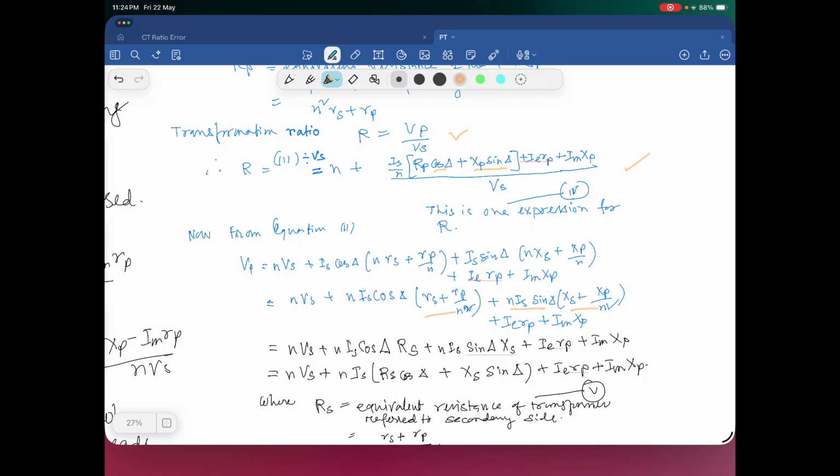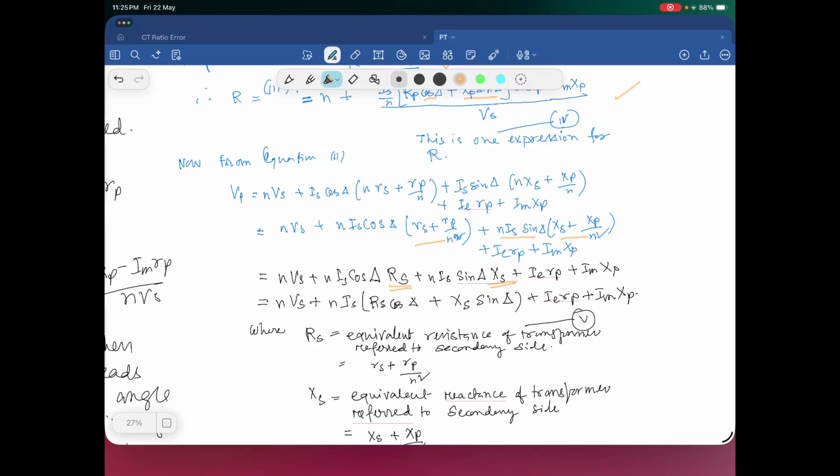Now this RS plus RP by N square is equal to the equivalent resistance of the transformer referred to the secondary side. And similarly, this will be XS, the equivalent reactance of the transformer in the secondary side.